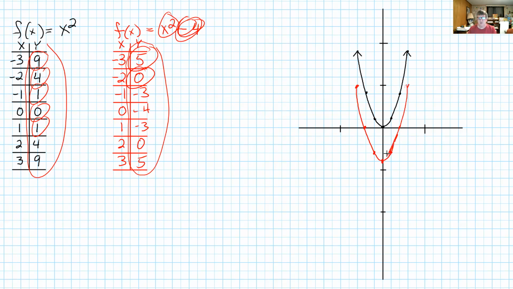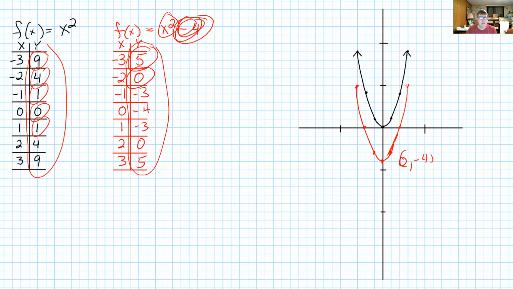Okay, so same shape as the f of x equals x squared. So the red graph is the same shape as the black graph, but it's been moved down 4 units. Where's the vertex? It's 0, -4. Okay, axis of symmetry is the same as before.